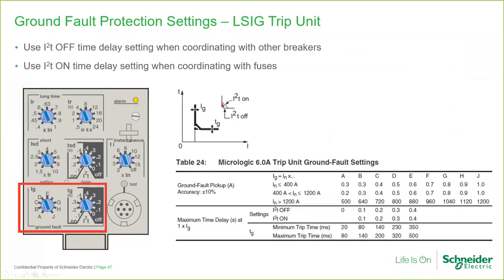I squared T on provides an inverse time current curve portion, and this helps a coordination engineer to better coordinate with downstream fuses, because fuses have an inverse time current characteristic to follow I squared T. If this breaker is being coordinated with downstream or upstream circuit breakers that have a definite minimum time trip L-shaped curve, then that's I squared T off, and it just makes it easier to coordinate with downstream breakers.